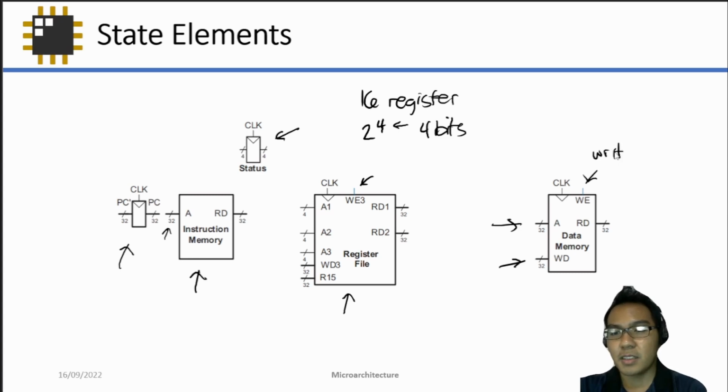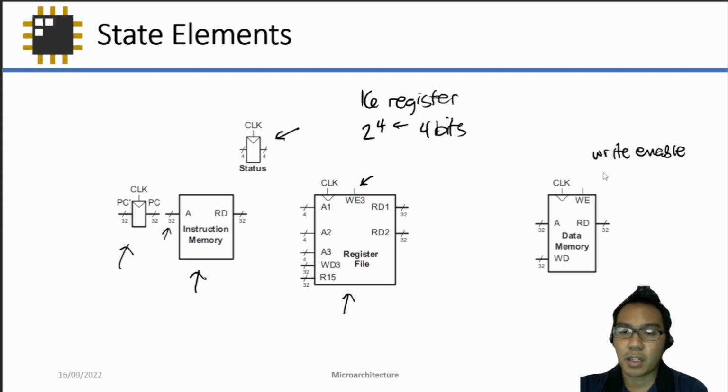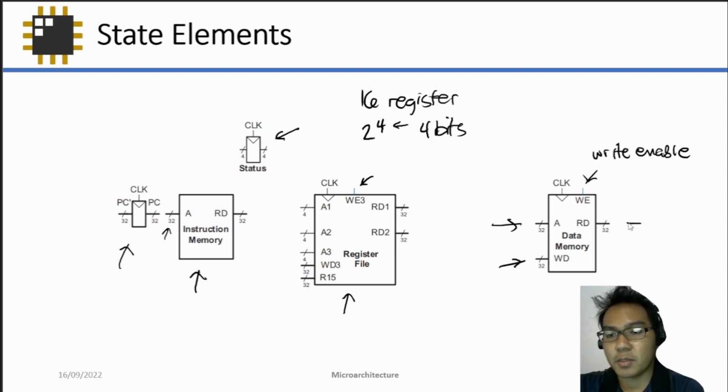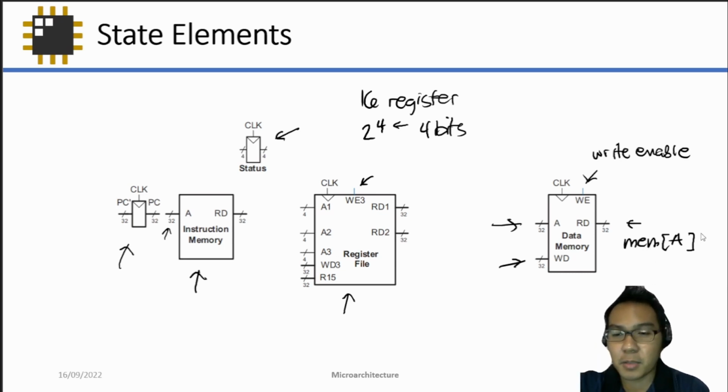If write enable is 0, then it won't be written on the next positive clock edge. The combinational part is that whatever address is in A will be read, mem read at A, so it's always reading whatever is seen in A over here.